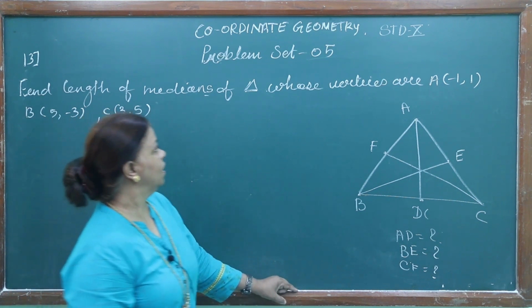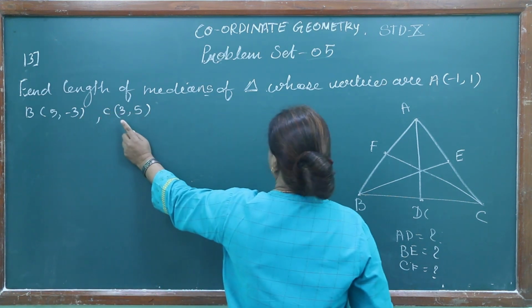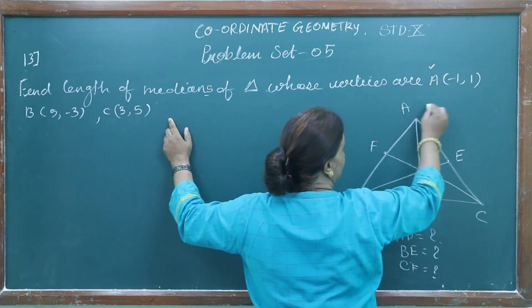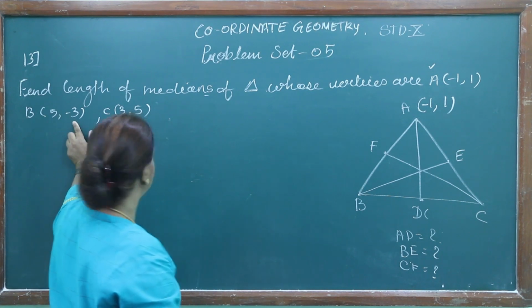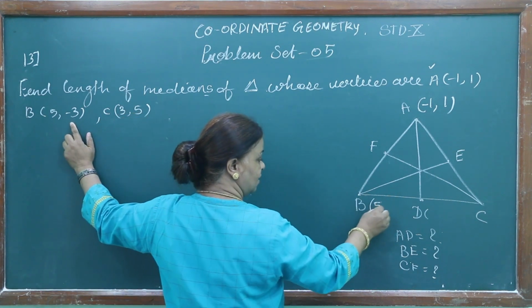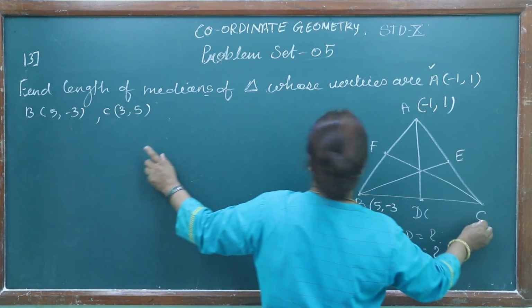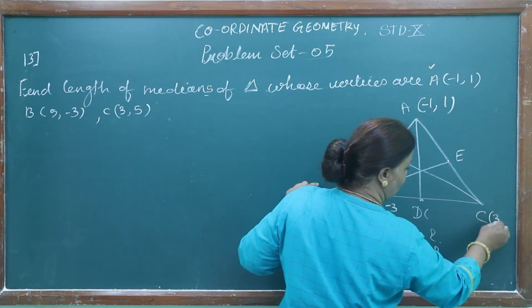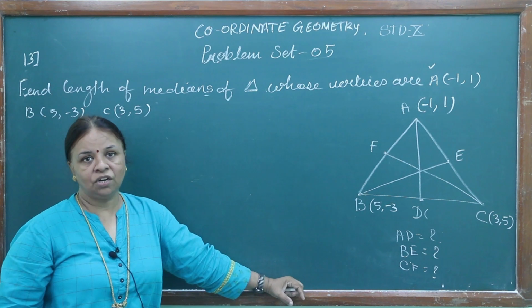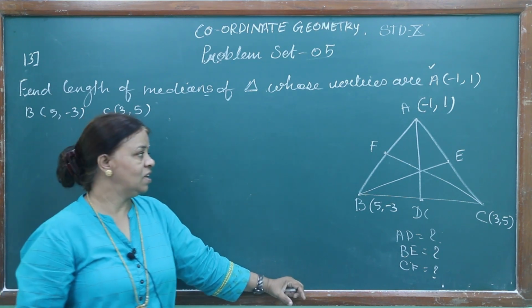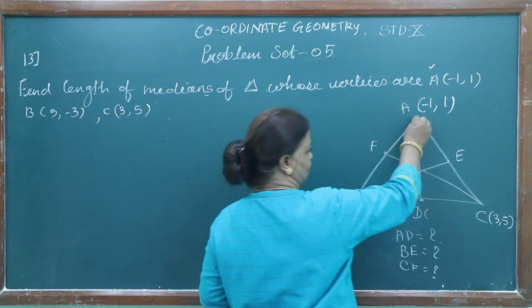And here it is given the coordinates of the vertices of the triangle ABC. A is minus 1, 1, B is 5, minus 3 and C is 3, 5. So coordinates of the vertices of the triangle are given. We need to find out the length.